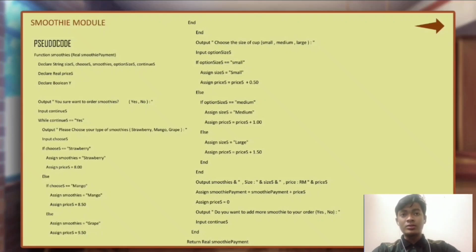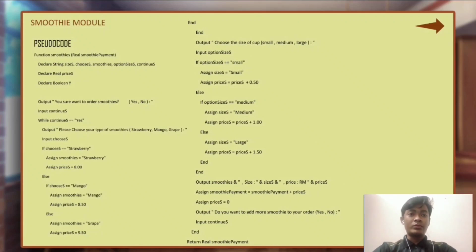So the second selection is choose variable equal to mango. If true, it will do the true action in the section. If false, it will automatically assign the smoothie variable to grape.